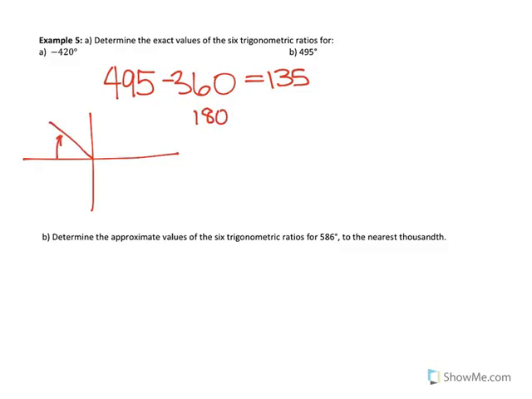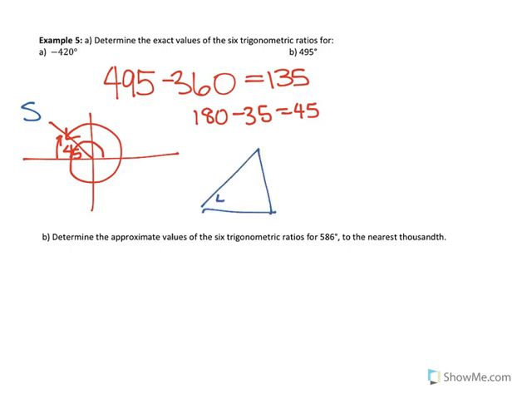If I go 180 minus 135, we get 45 degrees. So this angle goes one full circle plus another 135. In this quadrant, the only thing that can be positive is sine, but it is the same as a 45-degree angle, so 1, 1, root 2.